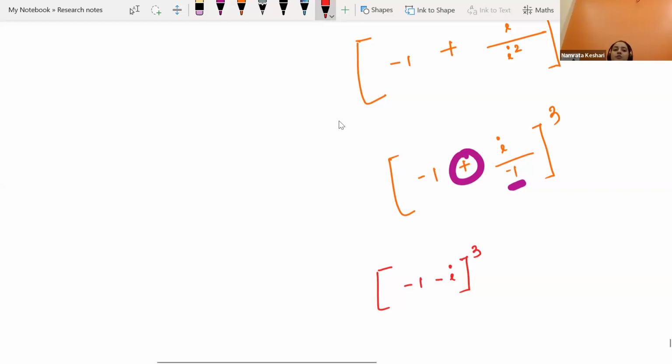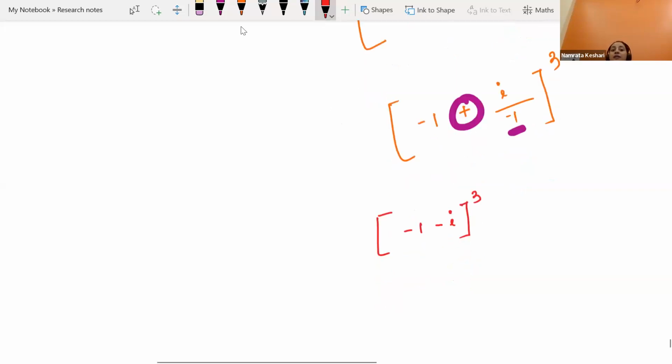Okay, now we can use the formula (a minus b) whole cube, but while using the formula, we have to be careful. Our a is minus 1, our b is just i, and hence we are using the formula (a minus b) whole cube.